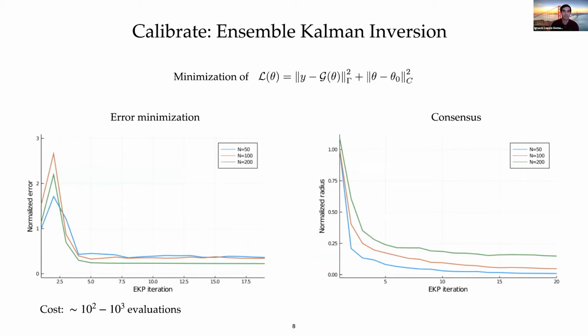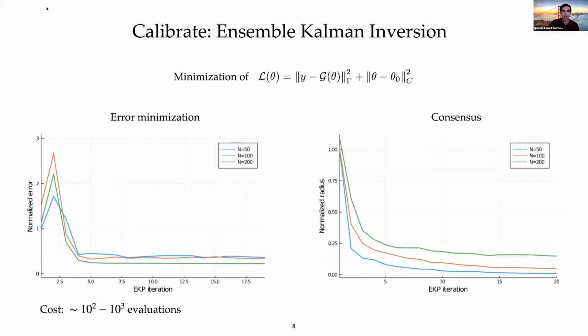Now, here I'm showing results for what a calibration stage would look like using ensemble Kalman inversion, where we have to minimize some loss function that depends on the likelihood of the data given our model, and some regularization term that depends on our prior. With an ensemble method, we can start with different numbers of particles in our ensemble, and typically we'll reach convergence to an estimate of the map in about 5 to 10 iterations, which multiplied by the number of particles gives us around 100 to 1,000 evaluations, much cheaper than millions of evaluations for MCMC.